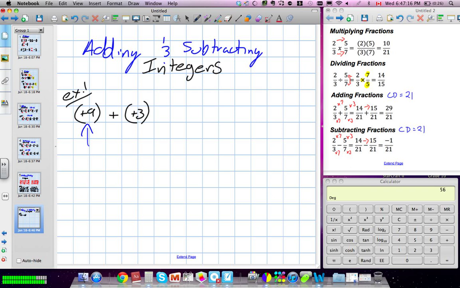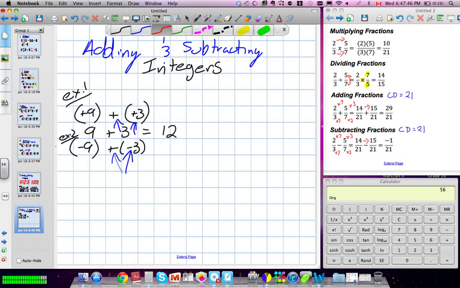12. Good. Now what about negative 9 plus negative 3? So this one's a little more confusing. We'll call this example 2. Negative 12. Good. Now, sometimes this is confusing. See how we have two signs right beside each other? Just like we did here? We're going to keep these rules in our mind. Positive times positive is positive.